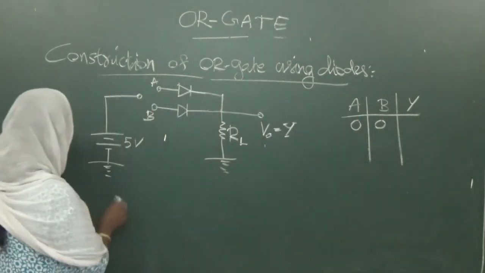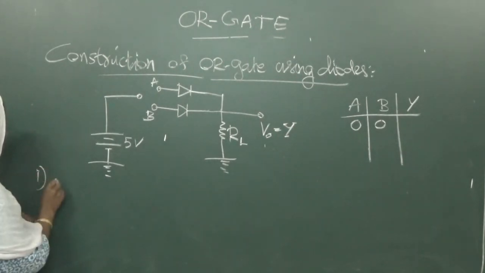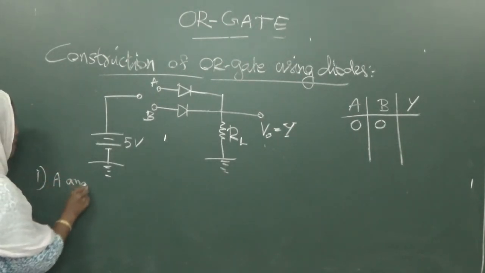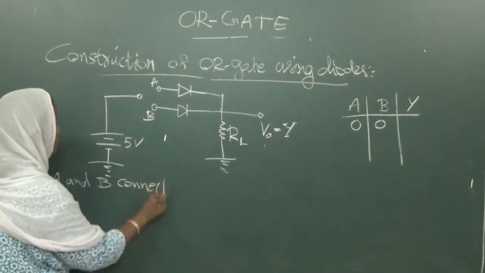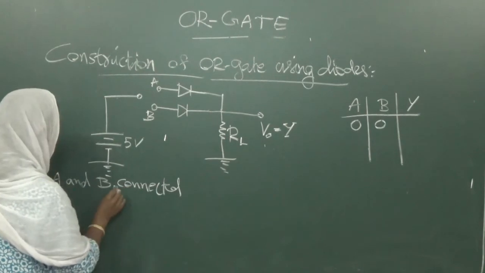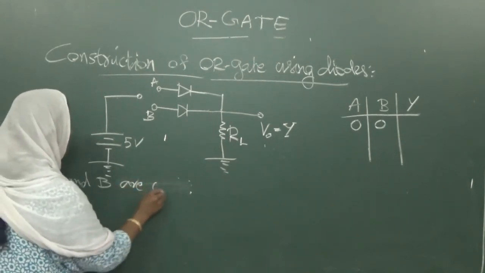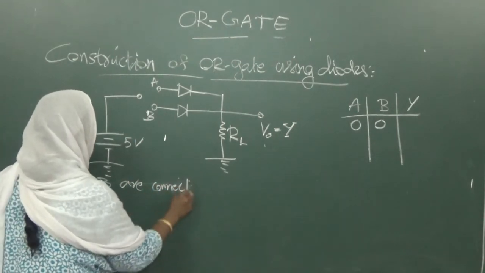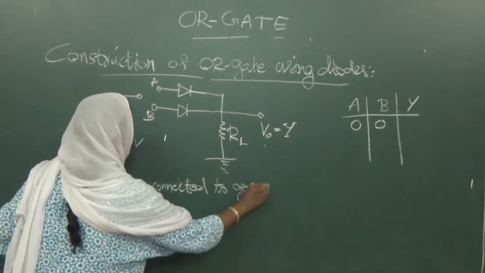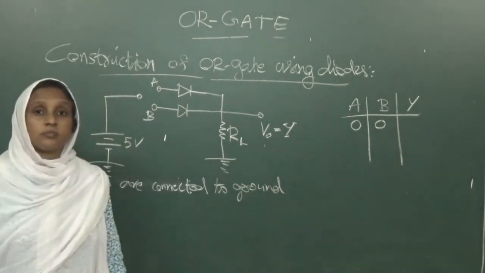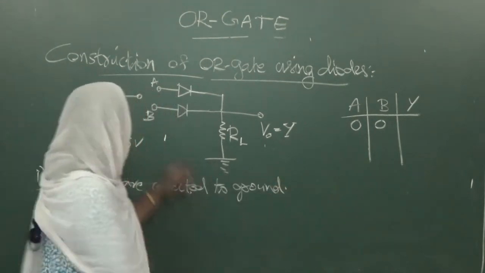Case 1. A and B connected to ground. Then what happened?